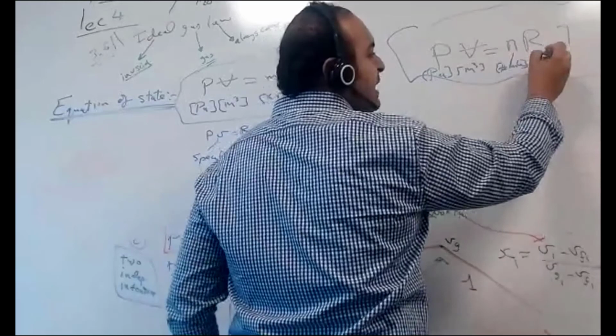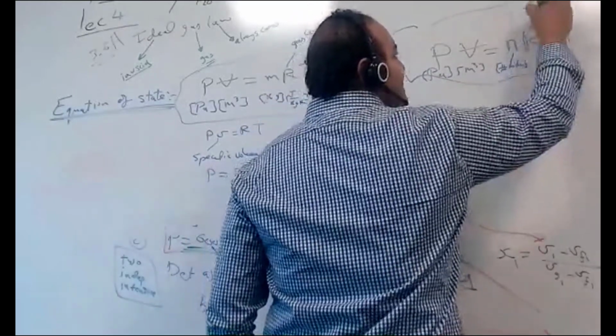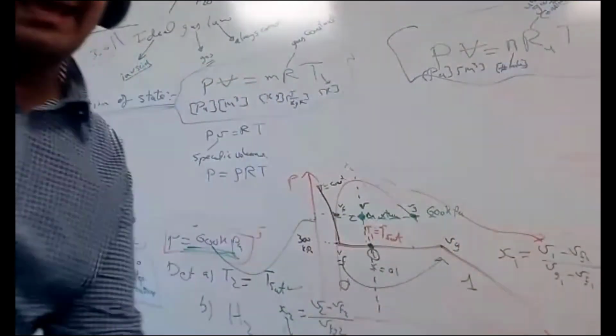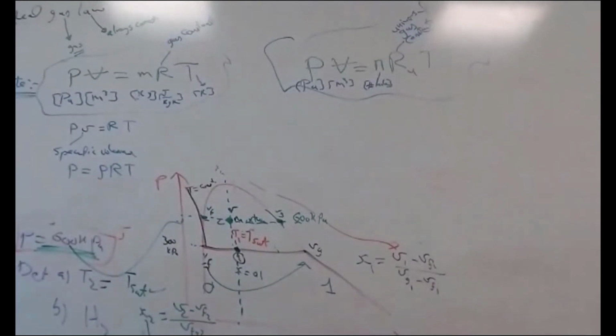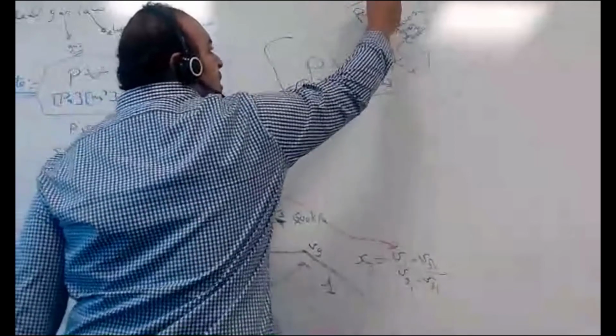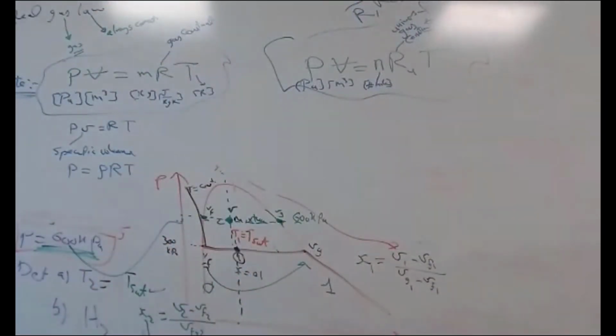And this is the universal gas constant. Sometimes we use R bar or R_U, which means universal gas constant.